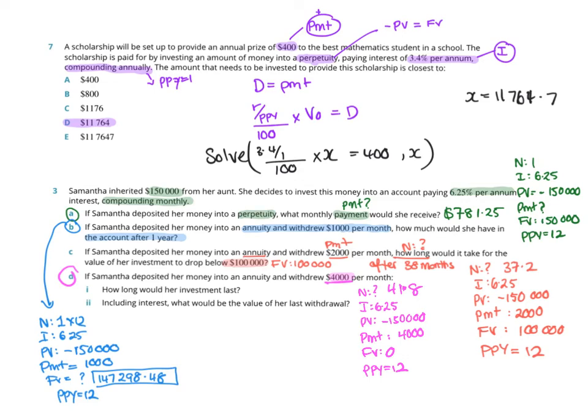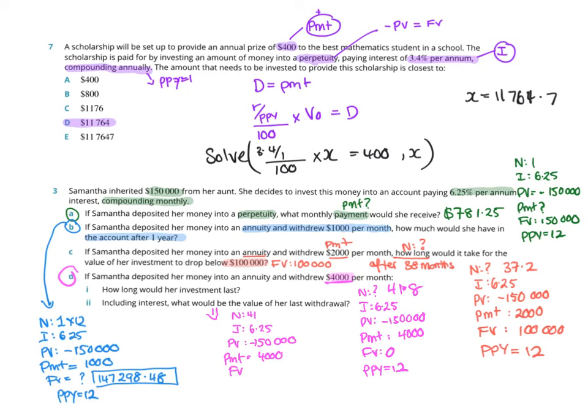So including interest, what would the value of her last payment be? So can you see that she's not quite going to get there? So let's see what she owes at the end of 41 months. So if I'm doing this question, let's put in 41 months and interest, 6.25, PV, payment, 4,000.